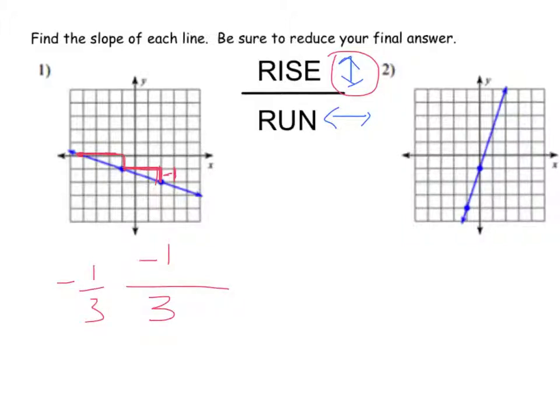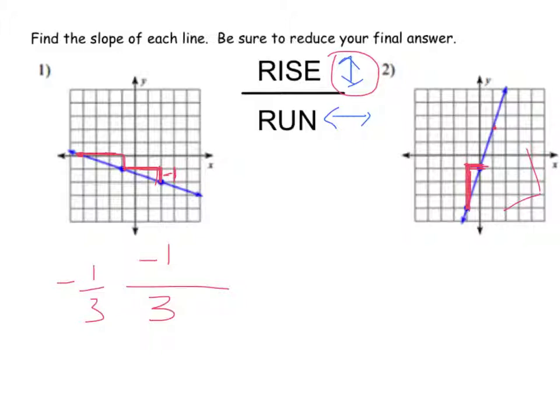So, second example, we're going to choose our 2 points, and we have many points, so there's 2 given to us, but we could have used this one as well. As long as you have 2 points, you're going to draw in your vertical change and your horizontal change. The biggest mistake that I see is people having random lines like that, but remember you're going straight up, straight over.